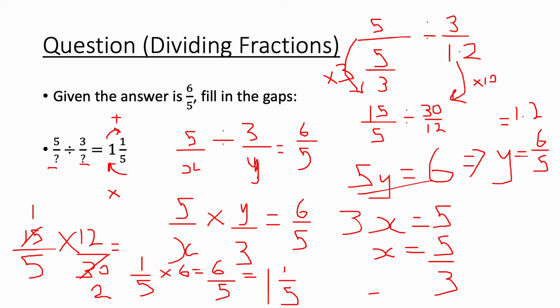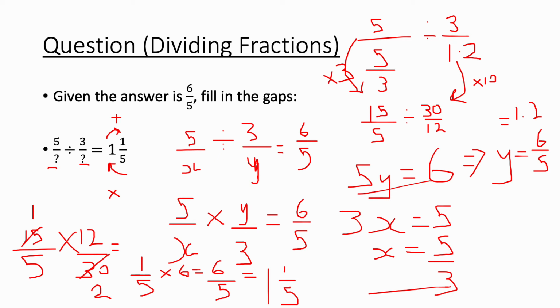Form your two equations, solve your two equations, then substitute your x and y values back into the original sum. You simplify where possible by doing a bit of rearranging, and then you work out your answer and you get 6/5 or 1 1/5.